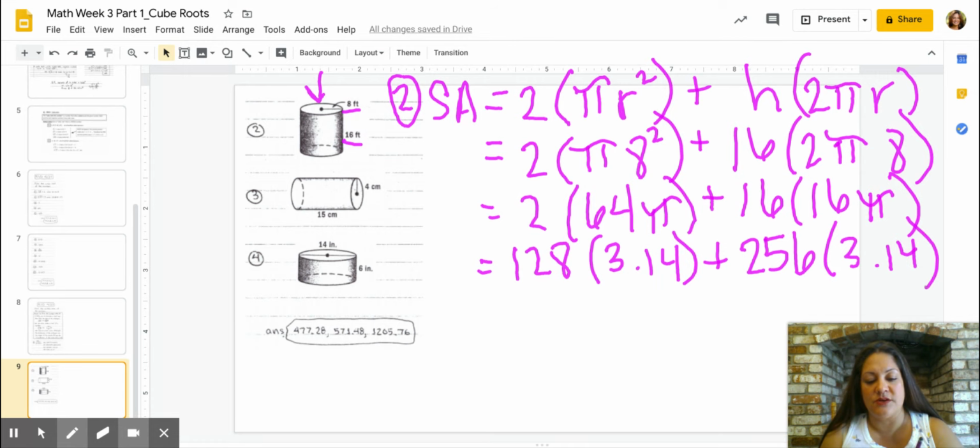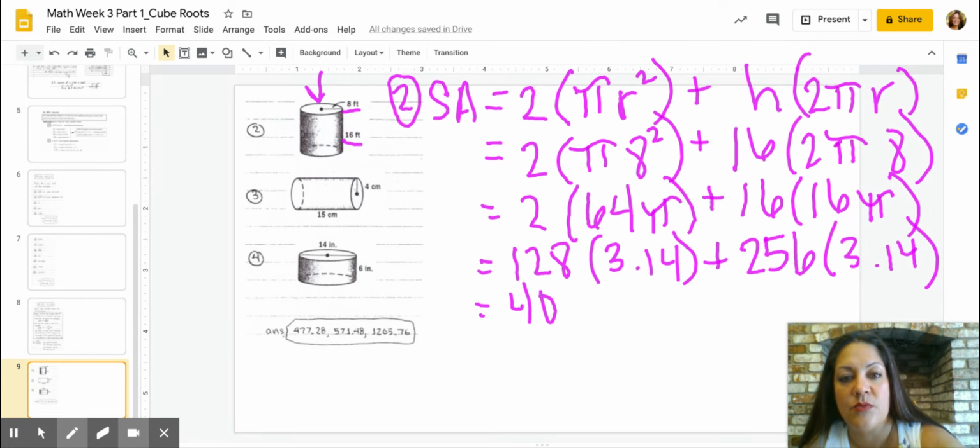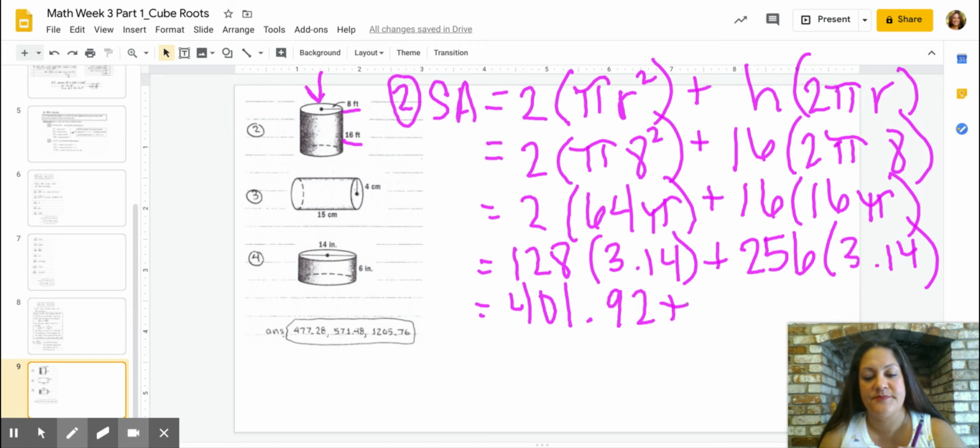Okay, so 128 times 3.14 is 401.92, plus 256 times 3.14 is 803.